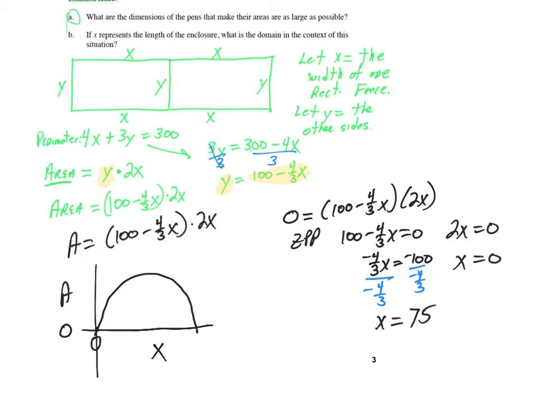So I have an x-intercept at (0, 0), and another x-intercept at (75, 0). Well, if this is parabolic in shape, then this output value has to represent the max, and x must be halfway in between 0 and 75. So at 37.5, I'm going to get my maximum area for the two rectangles.